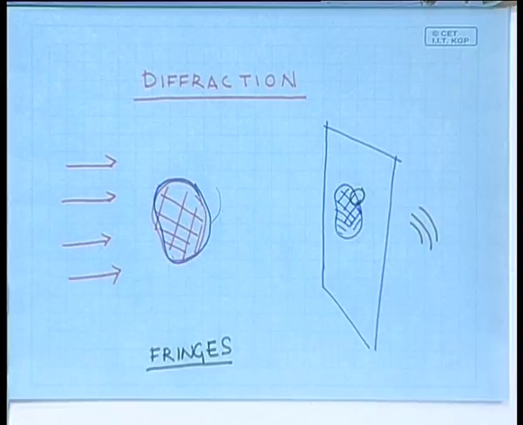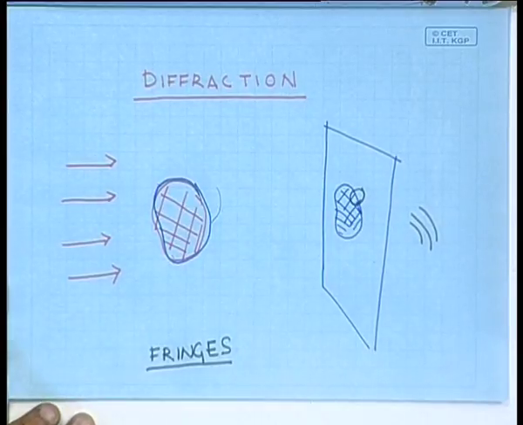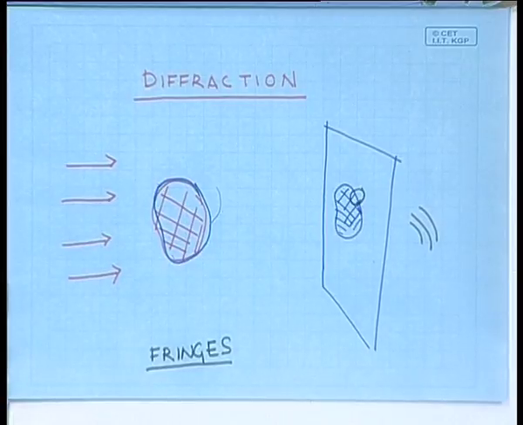One of the first people to notice and record the phenomenon of diffraction fringes, of these fringes near the edges of shadow, was Leonardo da Vinci. People might have noticed this phenomenon earlier, but one of the first records that we have of somebody noticing these fringes is in the records of Leonardo da Vinci.